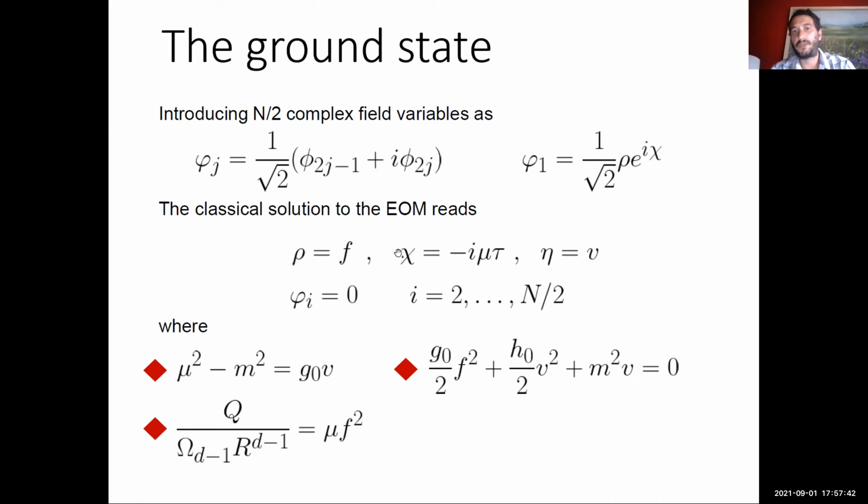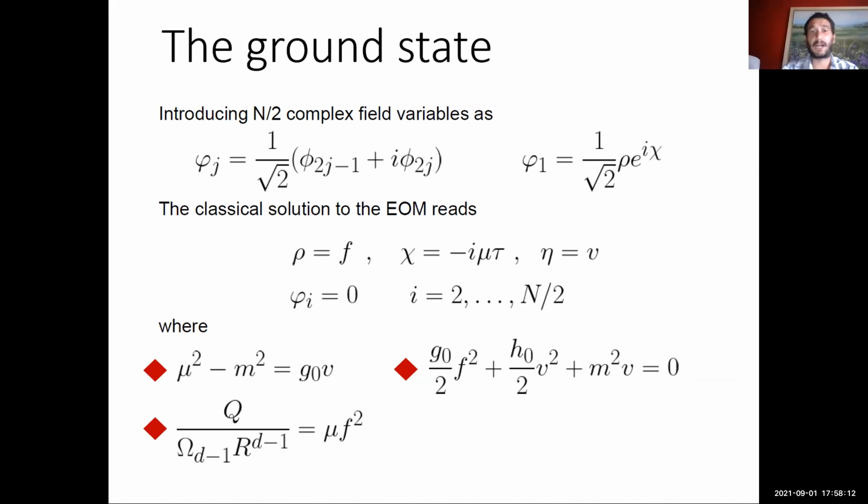The angular mode is, as usual, proportional to the cylinder time, with the chemical potential entering, and due to the cubic coupling, also the O(N) singlet eta acquires a non-trivial vev, even if it's an uncharged field. So the solution depends on three parameters, f, mu, and v, which are fixed by the equations you can see in the slide.